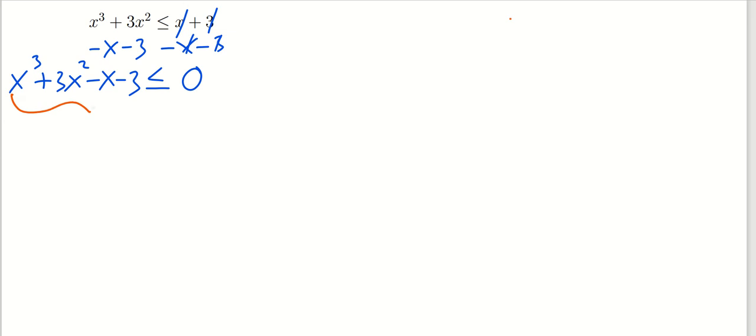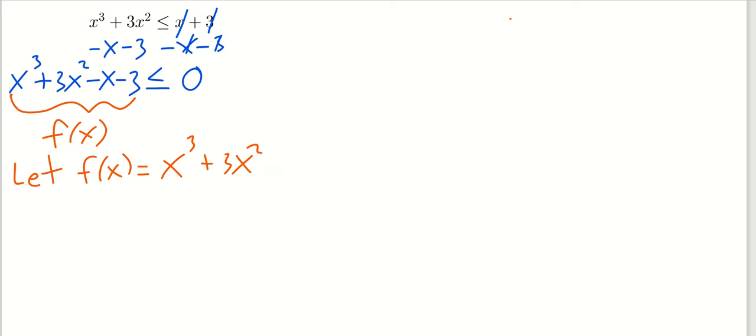Now that it's in standard form, we're going to let f of x be that polynomial on the left-hand side. So let's let f of x equal x cubed plus 3x squared minus x minus 3.